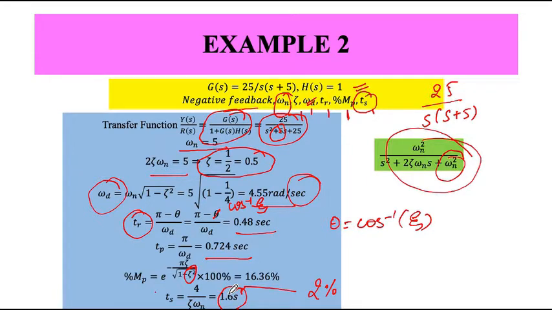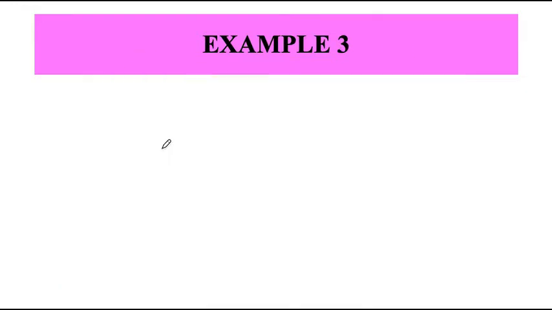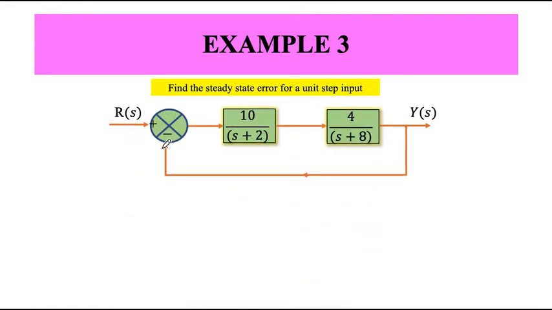Quite straightforward, right? Once you write down the closed loop and compute omega n and zeta, everything else fits into the formulas. The third problem: I am given a system like this, 10 by s plus 2 and 4 by s plus 8.